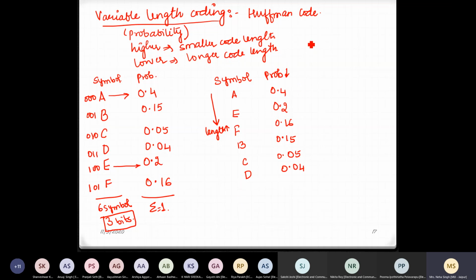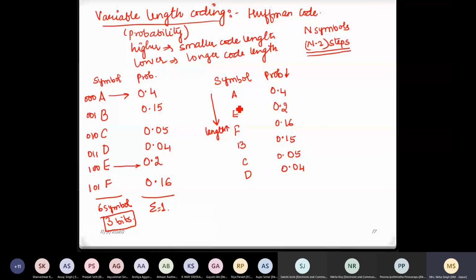For this Huffman code, if I have n number of symbols, I will always require n minus 2 steps. This is something which generally creates a problem for us, because if we have 6 symbols, I'll need 4 steps of working.